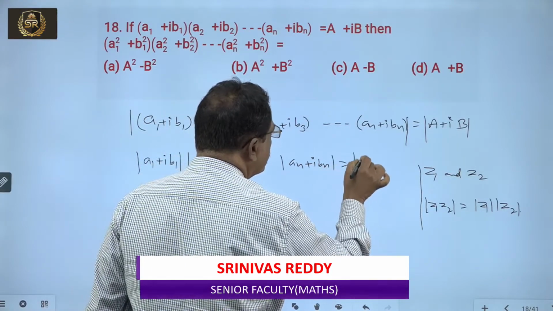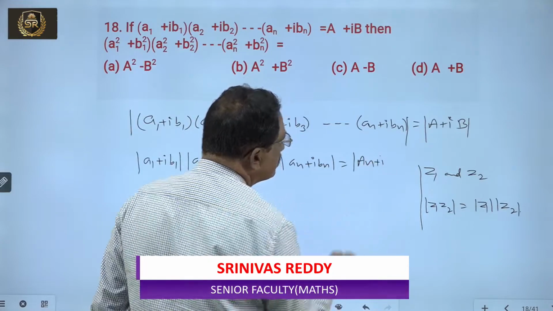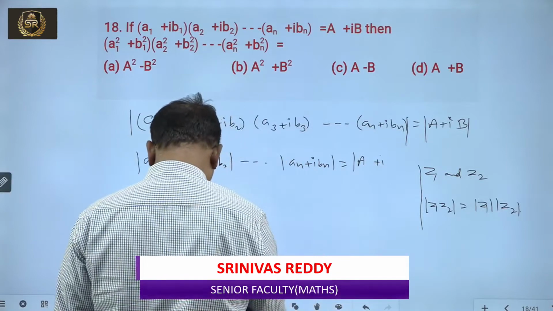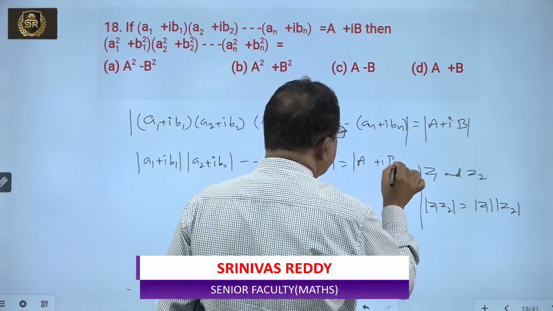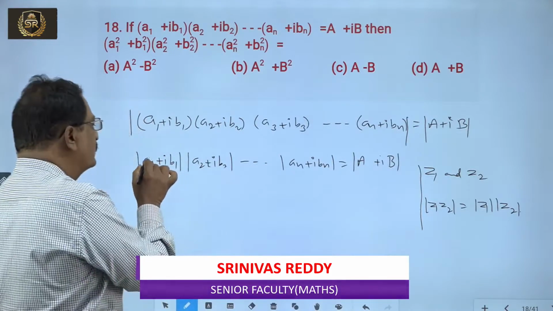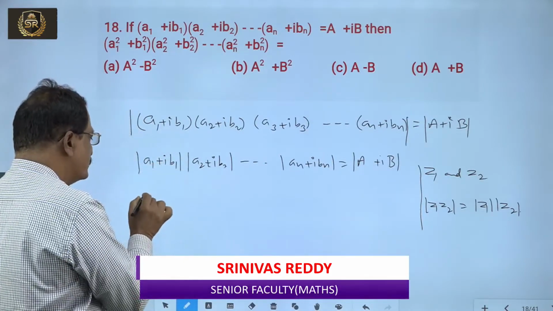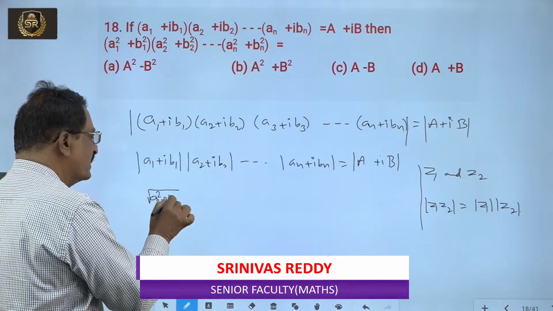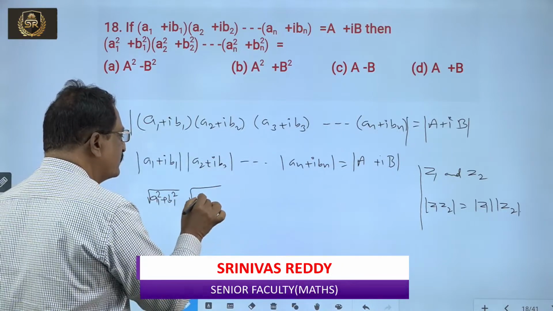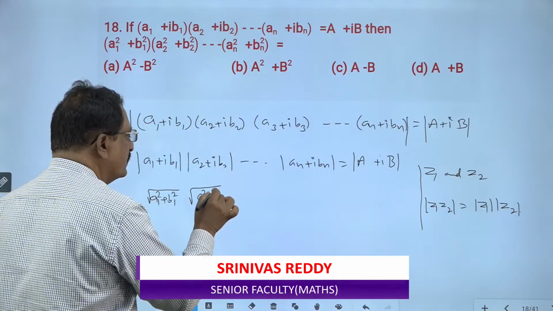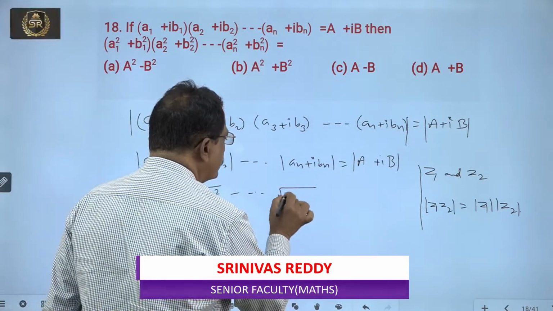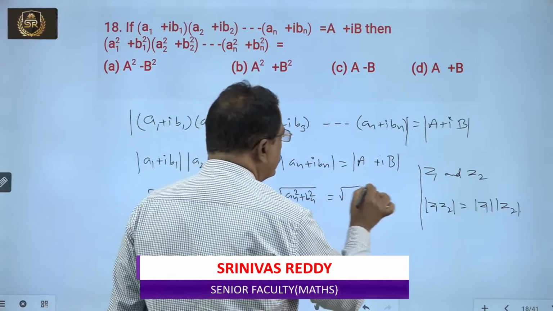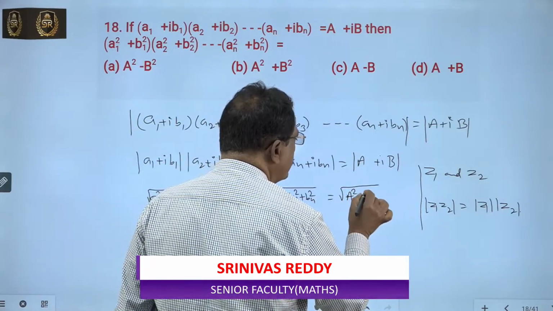that equals mod of a + ib. Now, modulus of a complex number equals the square root of real part squared plus imaginary part squared. So, square root of a1² + b1² into square root of a2² + b2² up to square root of an² + bn², equals square root of capital A² + capital B².